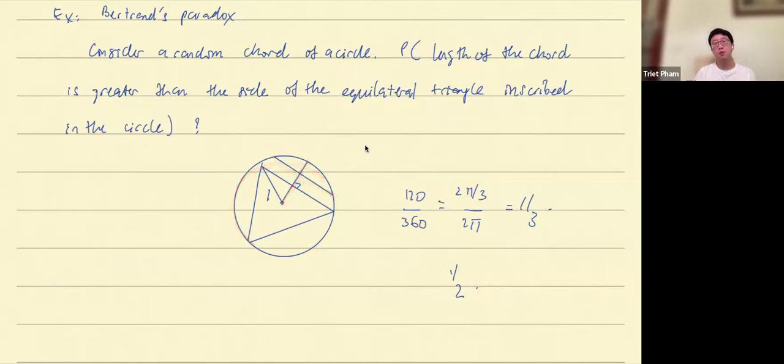So these are two different kinds of uniform, which are equally valid when you just say a random chord. Do you understand? So these are two different kinds of uniform. Therefore, these are two different methods of picking. Therefore, they result in two different answers. That's all.